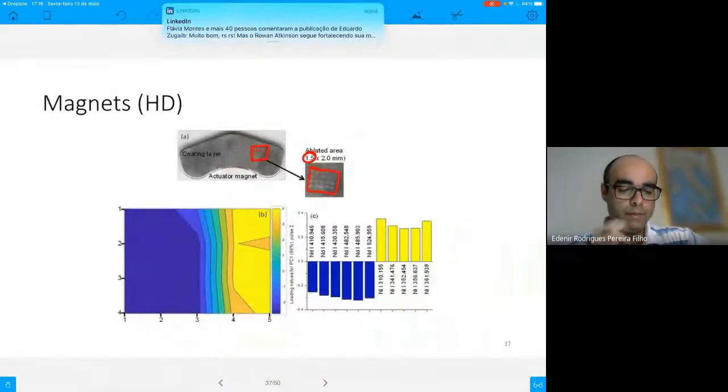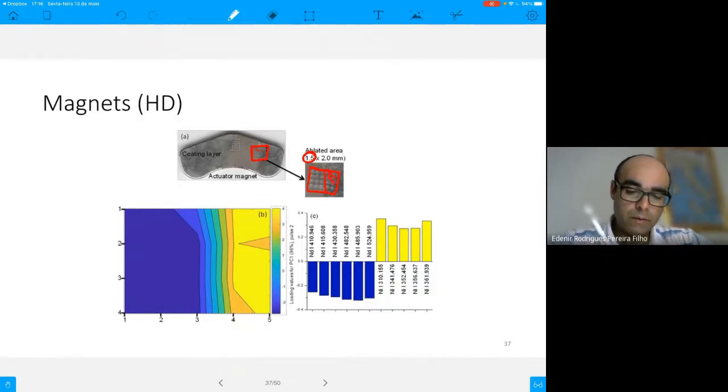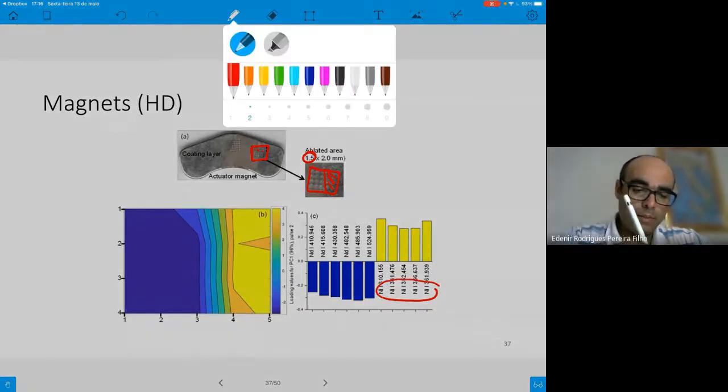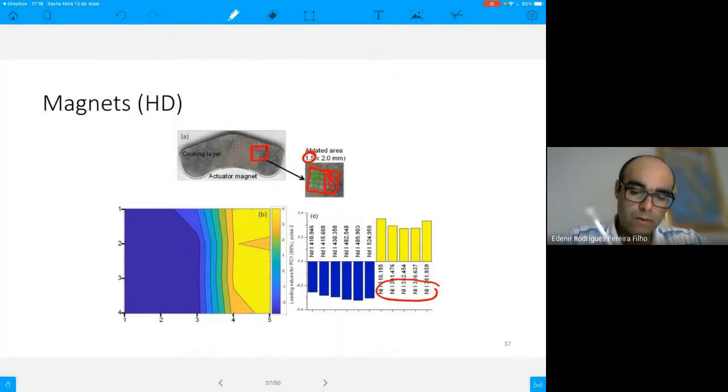We can see, for example, that this part here is rich in nickel, and this other part here has a high concentration of neodymium.